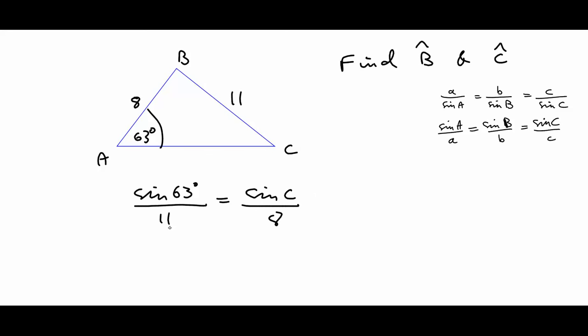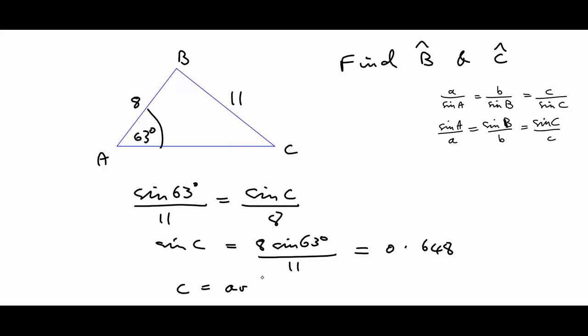So multiplying through by 8, we'll have sine C equals 8 sine 63 divided by 11, which equals 0.648 on the calculator, and so C is equal to the angle whose sine is 0.648, or arc sine 0.648, and from the calculator that is 40.4 degrees.